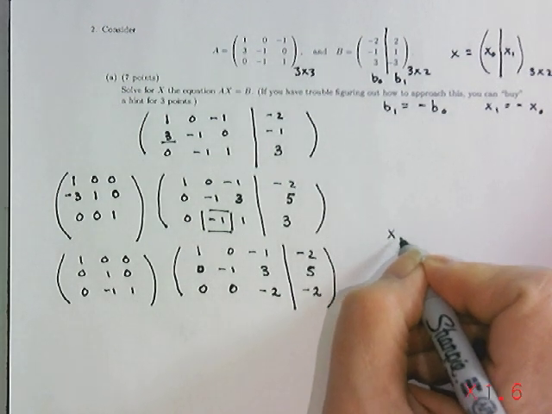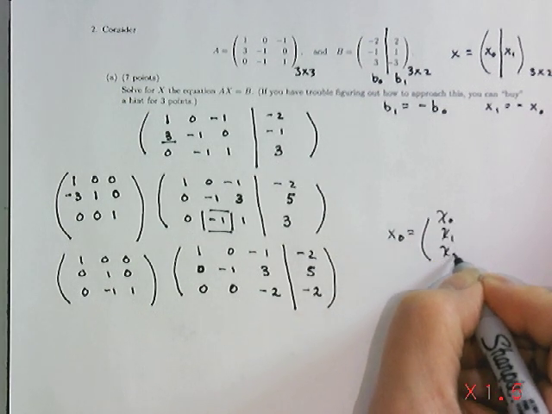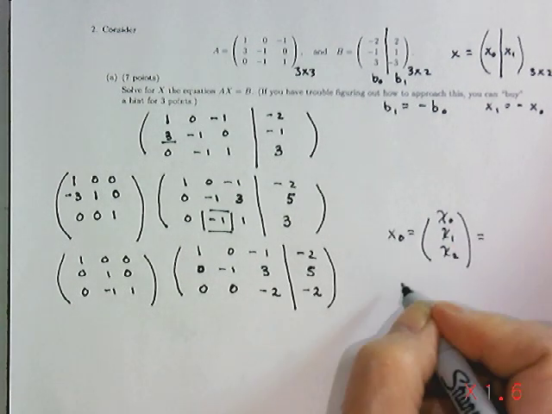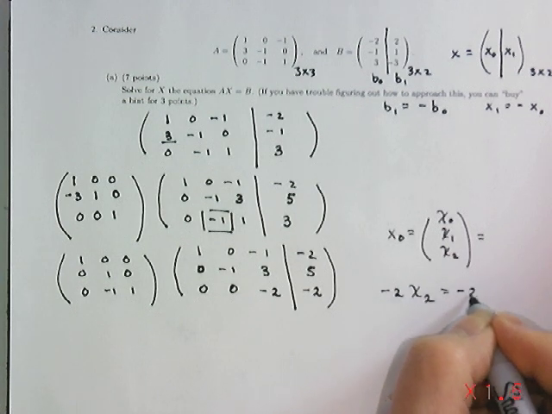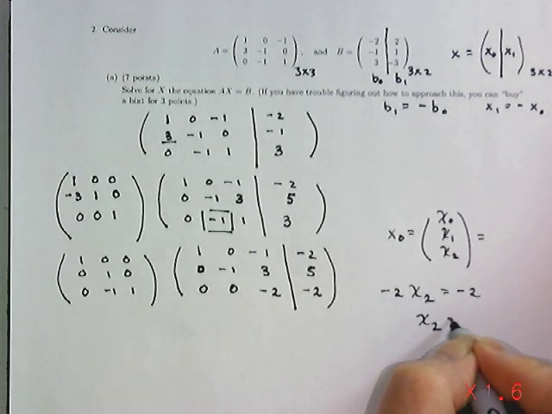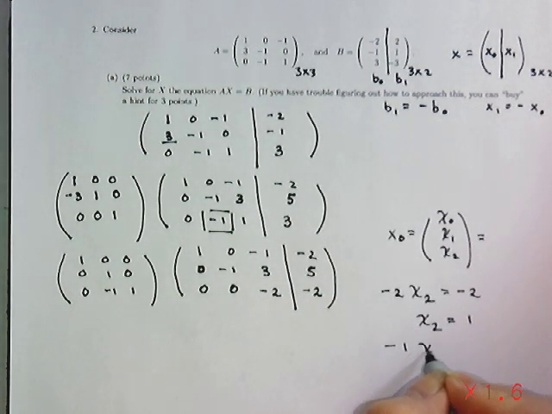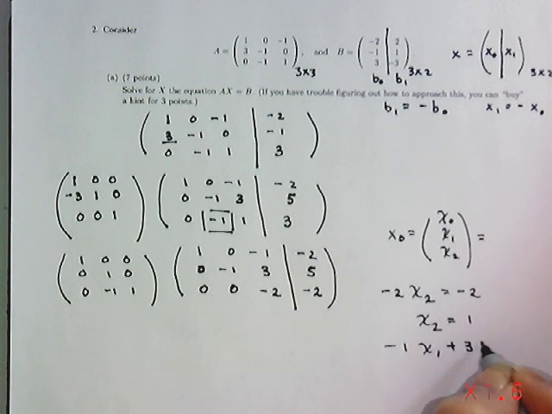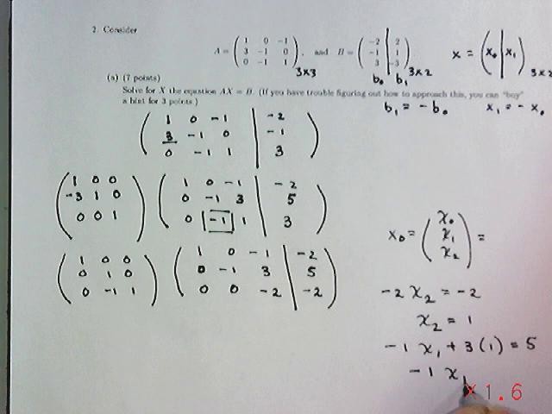if x sub 0 is made up of the components chi0, chi1, chi2, we know that negative 2 times chi2 is equal to negative 2, which means that chi2 must be equal to 1. We also know that negative 1 times chi1 plus 3 times chi2 must be equal to 5, which means that negative 1 chi1 must be equal to 2, so chi1 must be negative 2.